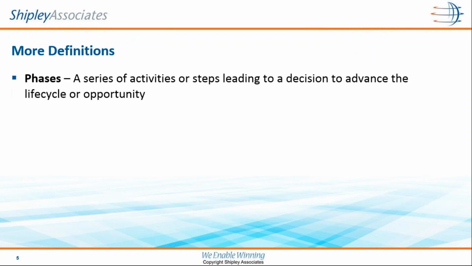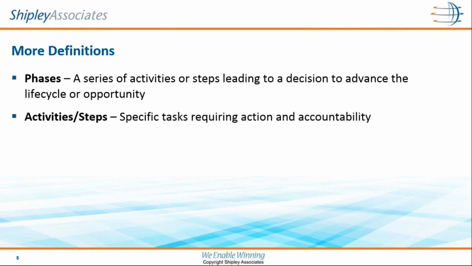A few more definitions so that, again, we're all on the same terminology and page here. Phases: a series of activities or steps leading to a decision to either advance the opportunity or terminate it. Activities and steps are very specific tasks that require action and accountability.